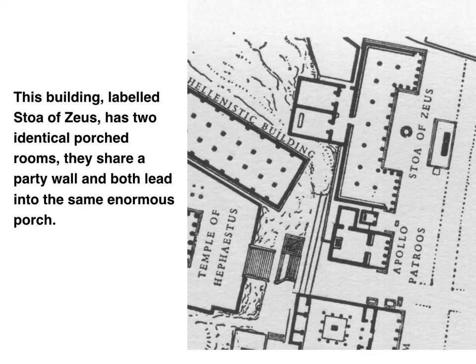For example, this building that is directly above our aggregate has 2 identical porched rooms. There is a party wall between them, but both of them lead into the same enormous porch. Try to imagine what it might be like to stand in that enormous porch and look out across the Agora.